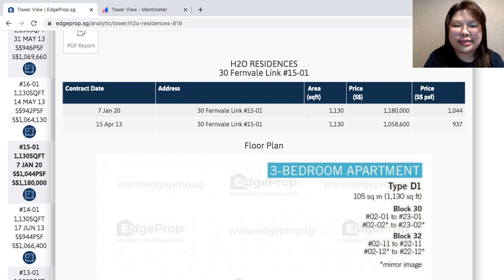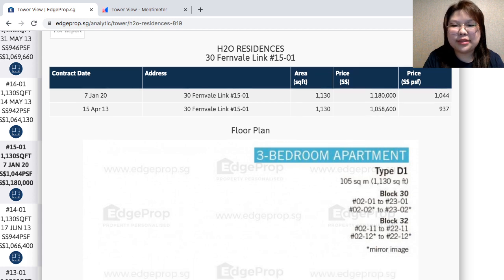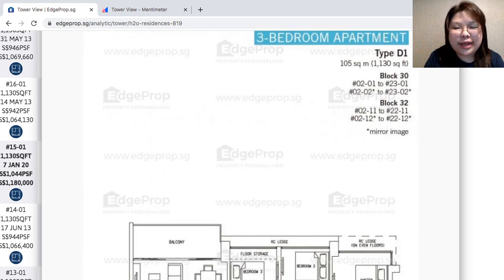One of it is the one shown in the grid here, which is on the 7th of January, and we have another transaction that happened on the 15th of April 2013. Immediately you will be able to see that apparently this person made a profit of about 130,000. And below you have the floor plan.